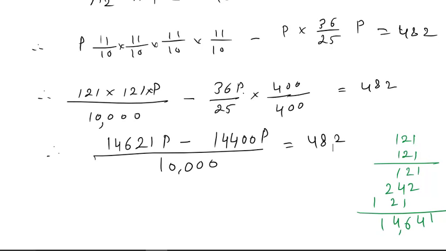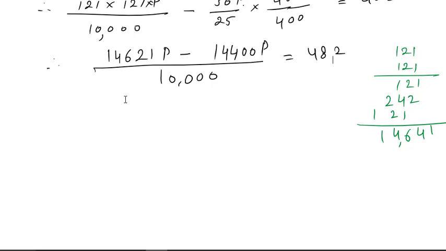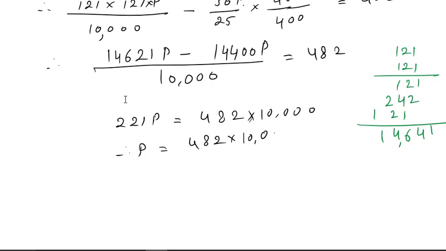Now we subtract 14,621 minus 14,400. So 621 minus 400 will give me 221. So 221 P equals 482 into 10,000. Therefore the value of P is 482 into 10,000 divided by 221.